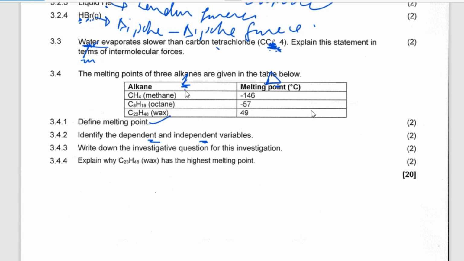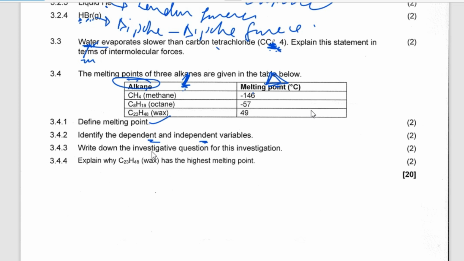Independent variable is these alkanes. So which alkane? All of them are alkanes. This temperature will depend on the type of alkane. Write down, so this is independent, this is dependent.